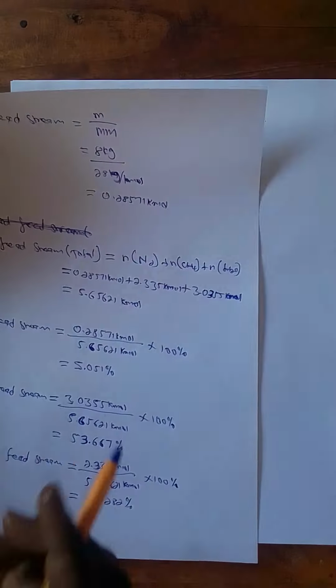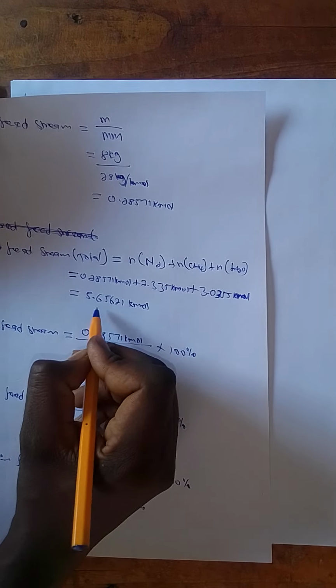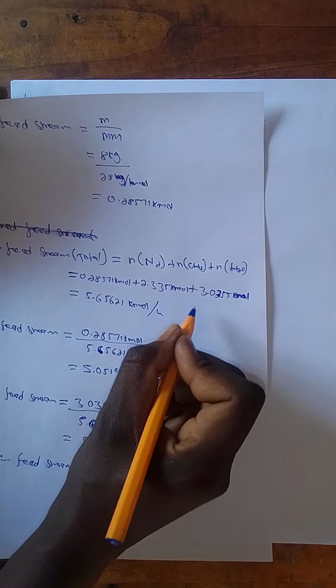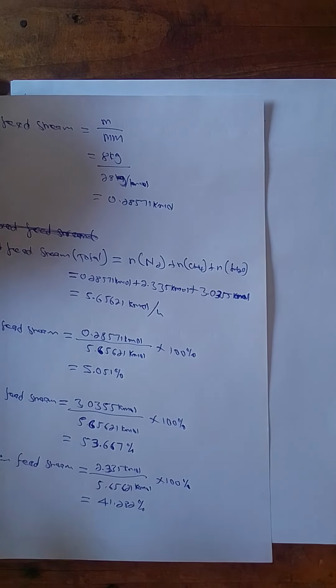So our total flow rate, we know it's actually 5.65621 kilomole per hour, and everything else becomes kilomole per hour.